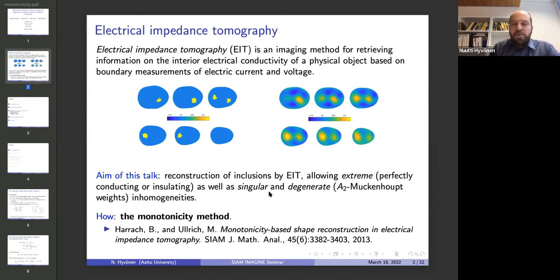And really the new part is allowing, with this monotonicity method, perfectly conducting or insulating inclusions, as well as A2 Muckenhaupt weights that may go either to infinity in a certain controlled manner, or they may go to 0 in a certain controlled manner.